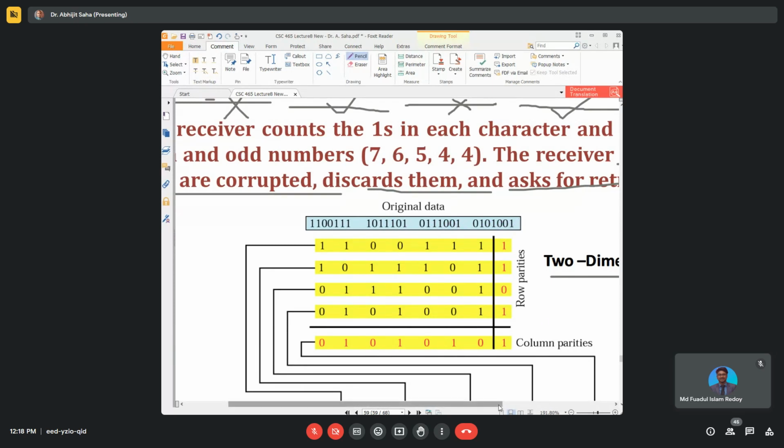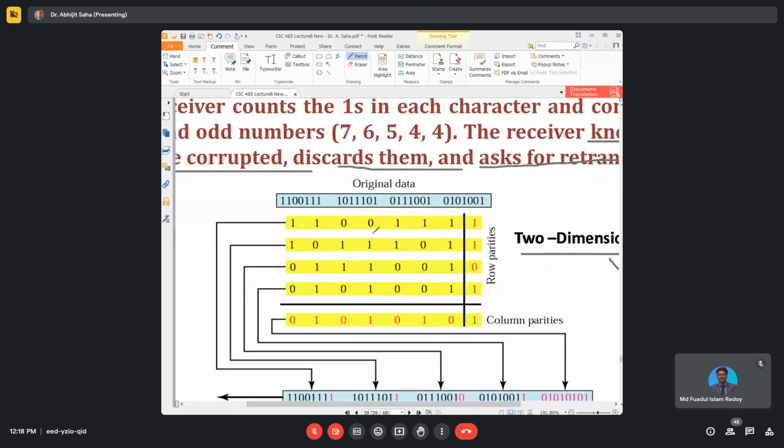In the case of the two-dimensional parity bit, it takes the data bits and arranges them into rows: this one is this, this one is this, and the last one is this. So this is actually your data.